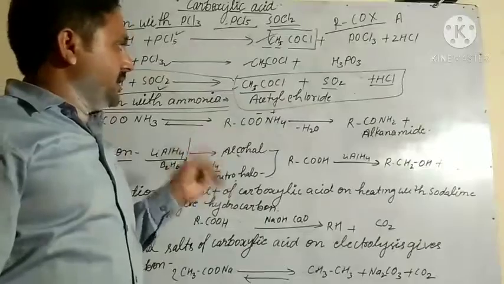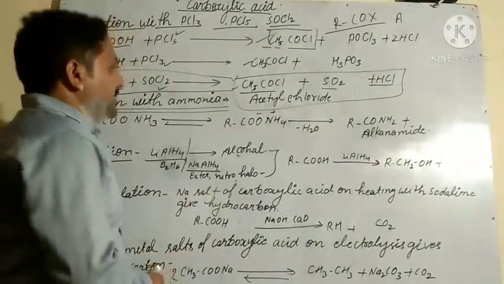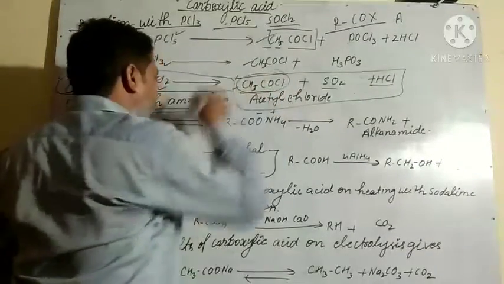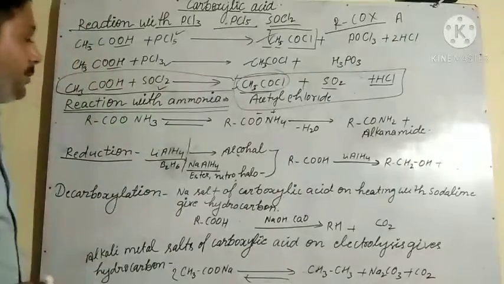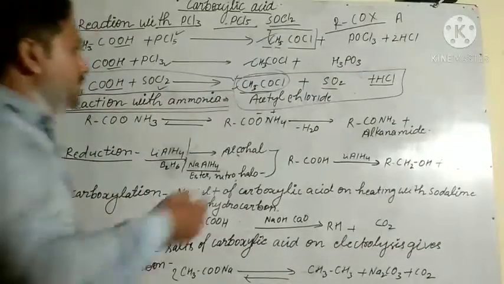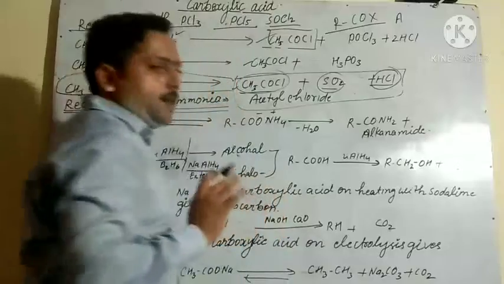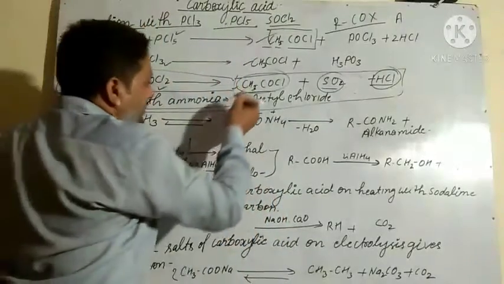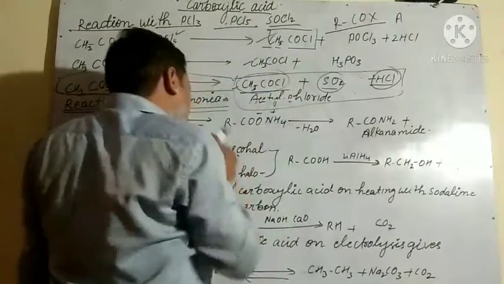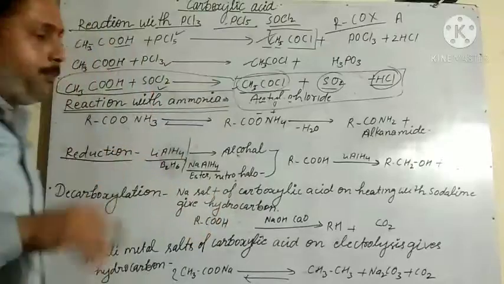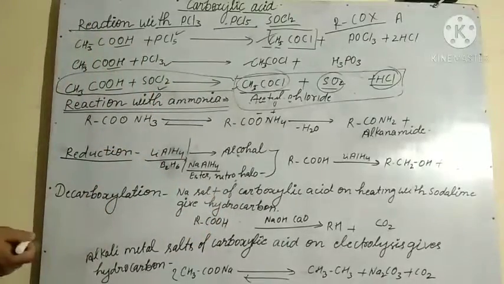Why is this reaction preferred? By this method we get pure acetyl chloride, because the two byproducts are in gaseous form, so they escape the solution and only acetyl chloride remains in solution.